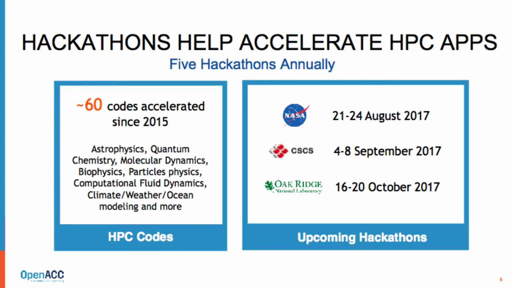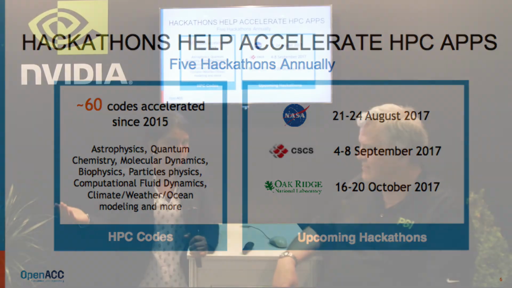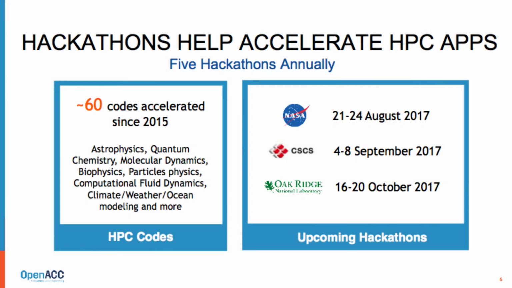And it's a beautiful setting for several teams to come over, with mentors sitting next to the teams, and helping the teams come on board and migrate their codes to the GPUs. And some teams come with no GPU background, and by the end of 5 days, they are happy to see that their code is running on GPUs, which may not really happen so quickly if not for the hackathon setting. So we have 3 more hackathons coming up for the rest of the year.